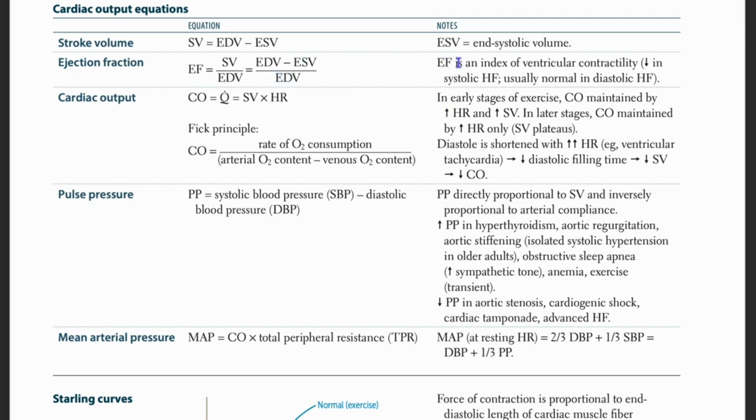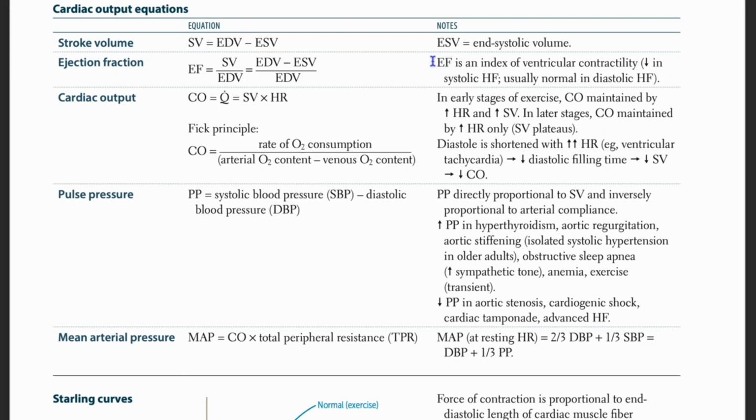So ejection fraction is an index of ventricular contractility, decreased in systolic heart failure, usually normal in diastolic heart failure. This is important because this is how you're going to differentiate between compensated and decompensated heart failure. That's the only time this is going to be important anyways.